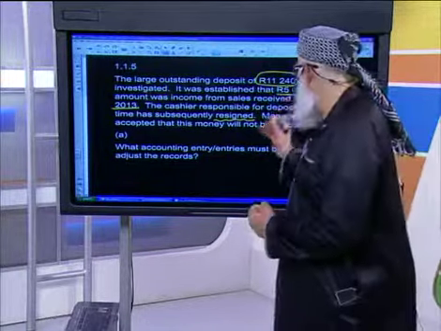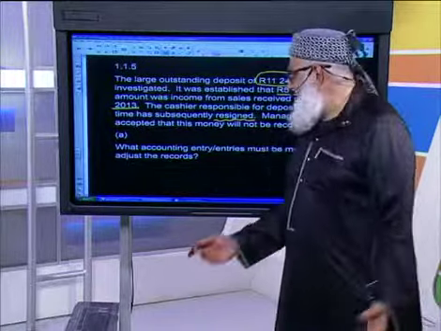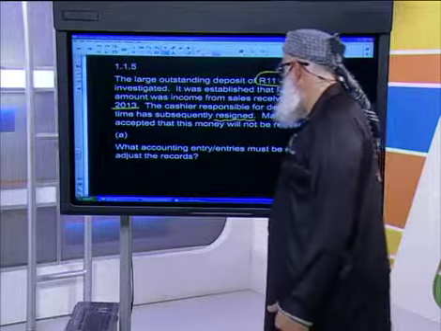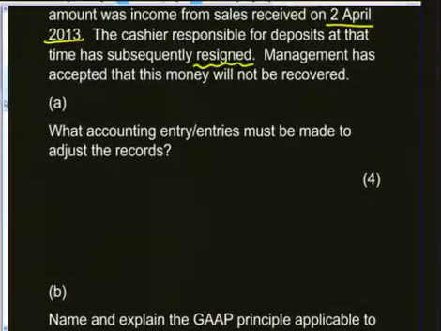How much is missing? 5,000 Rand was for sales that took place when? At the beginning of the month, very early in the month. So it had to be reflected. Let's see what the question wants us to do. What accounting entries or entry must be made to adjust the records?